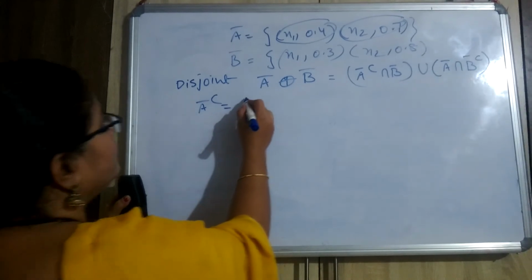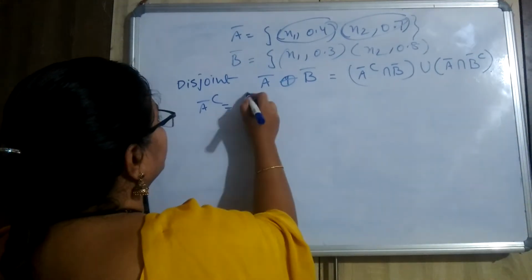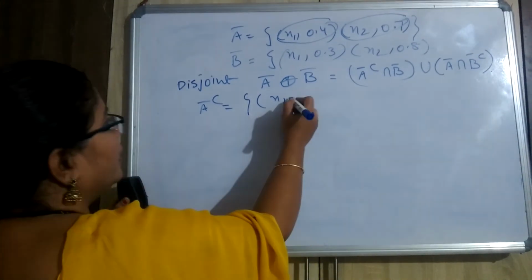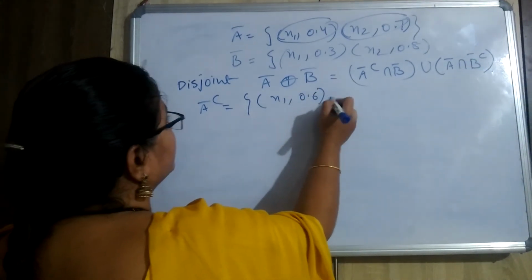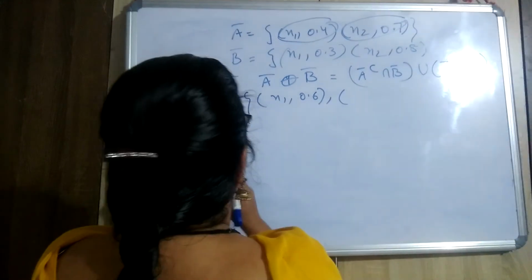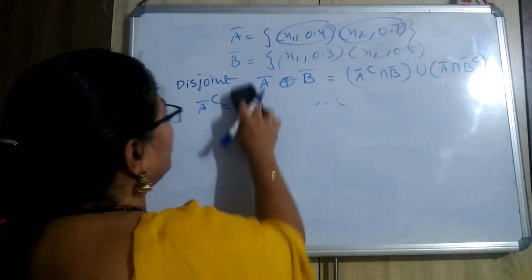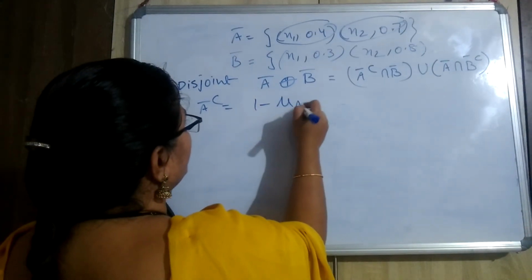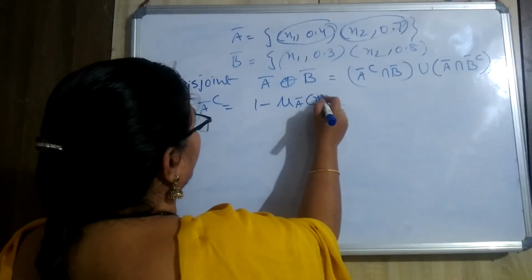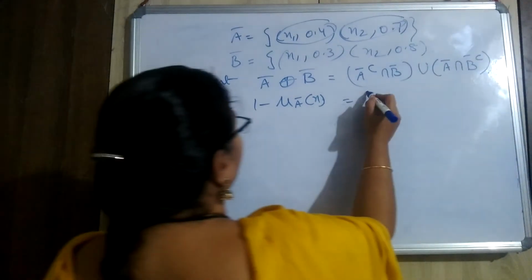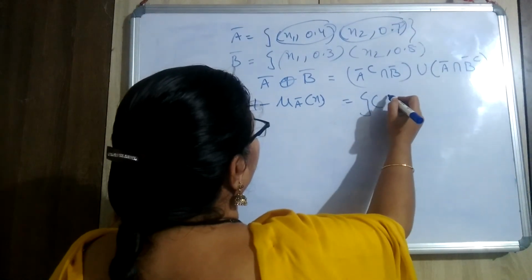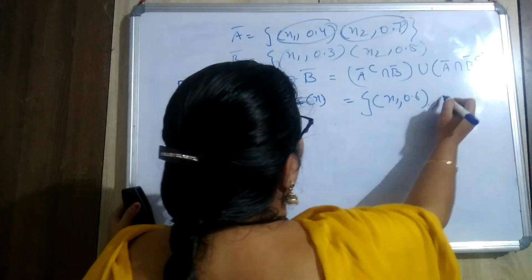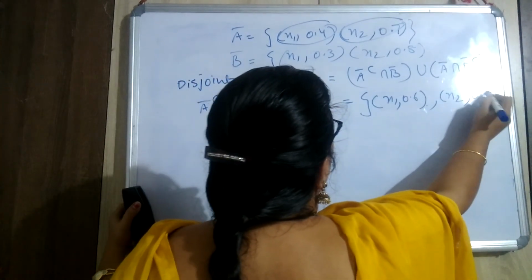So A complement is given as, directly I am writing here, x1 comma 1 minus 0.4, that is x1 comma 0.6, and x2 comma what is the complement actually? As per the formula, 1 minus mu A bar of x. So 1 minus 0.4 gives x1 comma 0.6, and x2 comma 0.3.